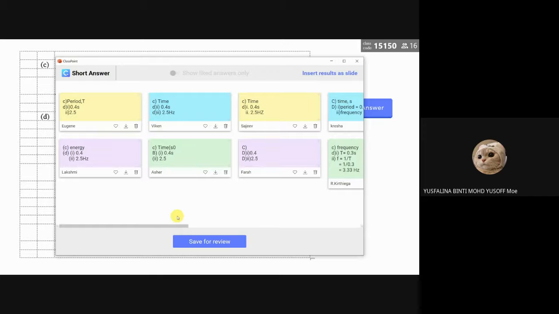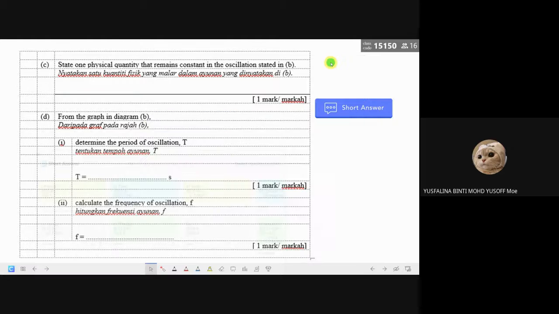So what is the physical quantity that remains constant? The quantity that remains constant is actually period, not time. So make sure you use the correct term, right?